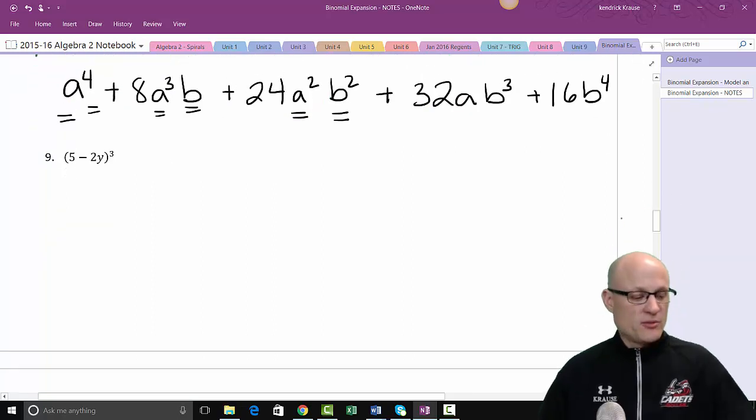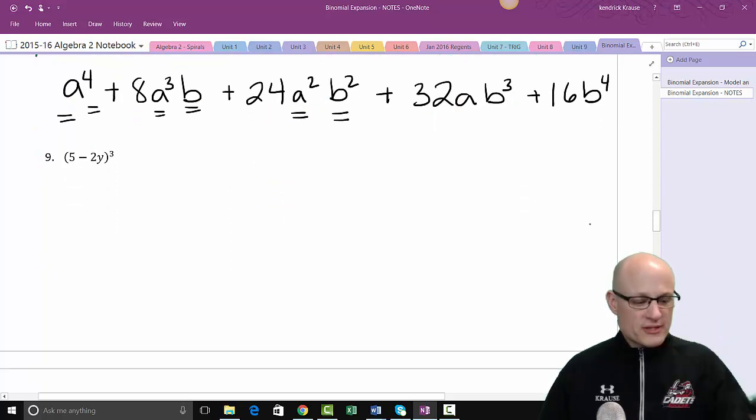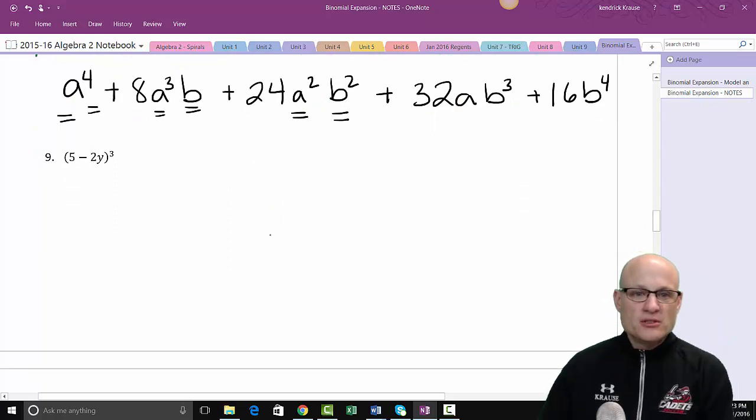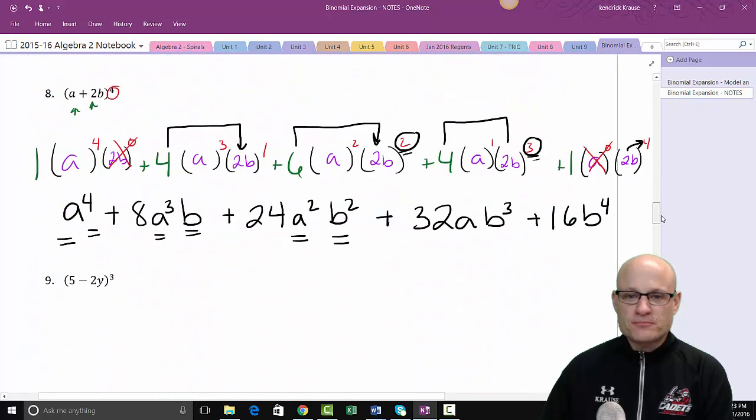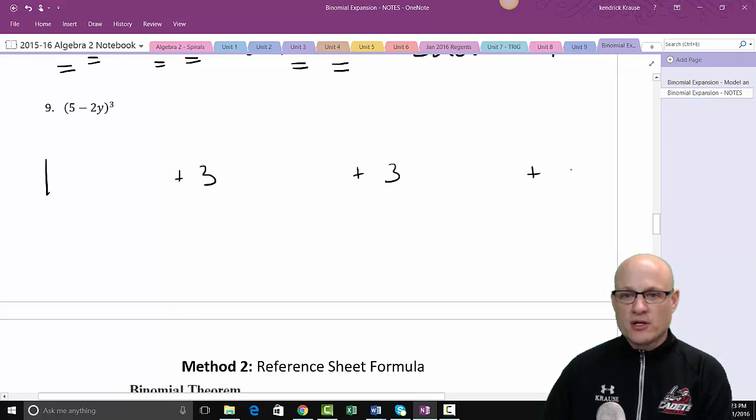All right, so this one's a little bit trickier. It's not bad. So we got to go to the 3 one, and that's 1, 3, 3, 1. So the coefficients here are going to be 1 plus 3 plus 3 plus 1.